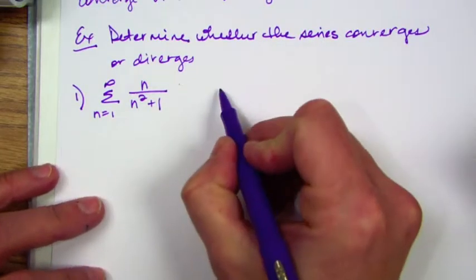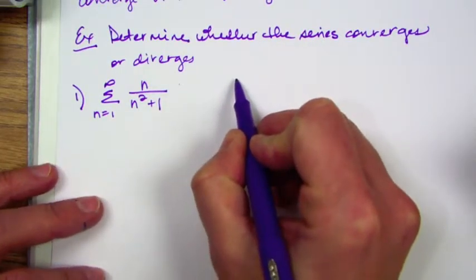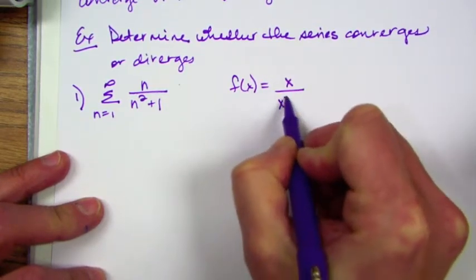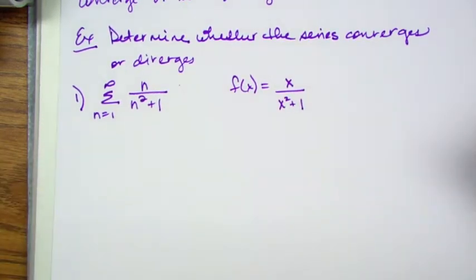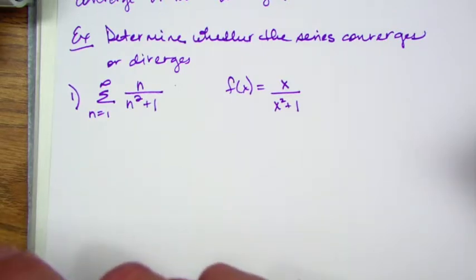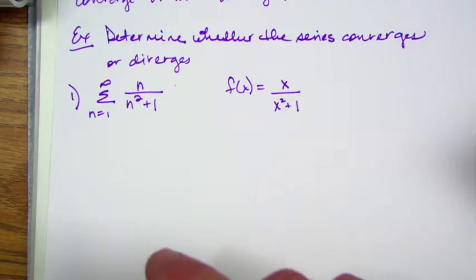Okay, so essentially what you're doing is f of x is now x over x squared plus 1. And you don't have to write that every time you do a problem. I'm just writing it for this first one so that we can apply the definition. Now, I do have to verify those three things in order to use the integral test, right?